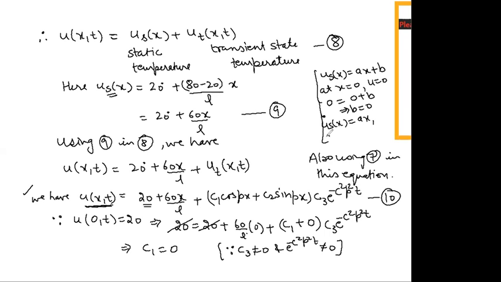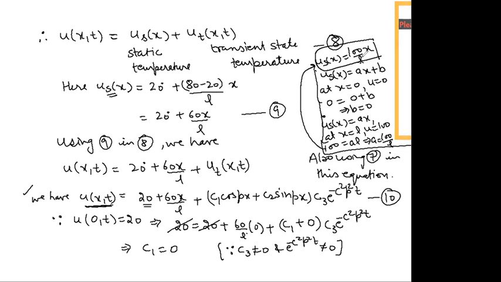And now at x equals L, U is 100, so it is aL equals 100, so the value of a is 100 by L. So now putting this value, U_s(x) is equal to 100 by L into x.